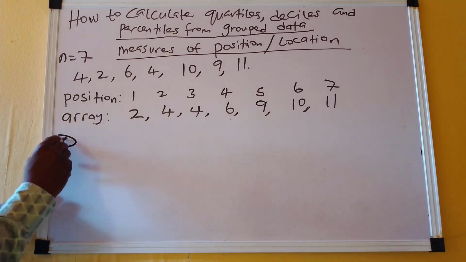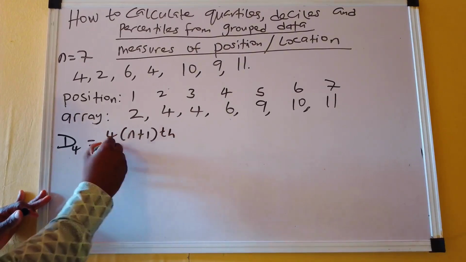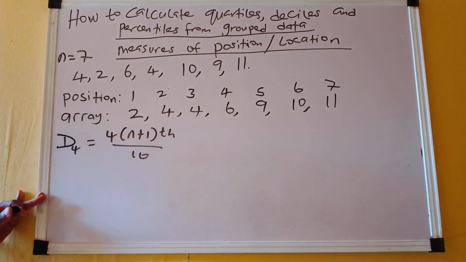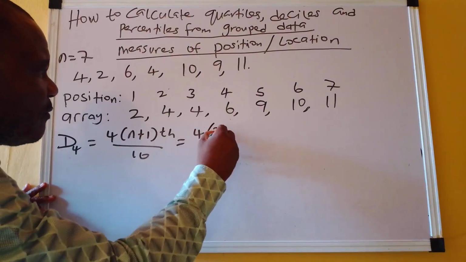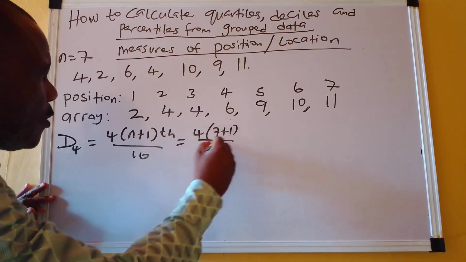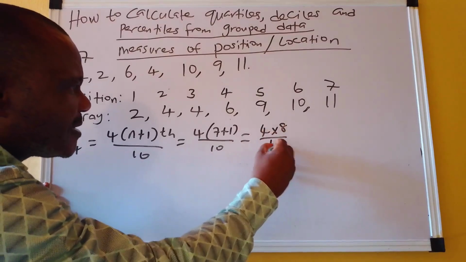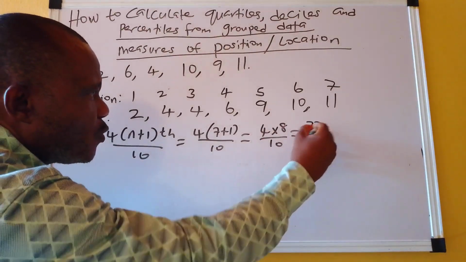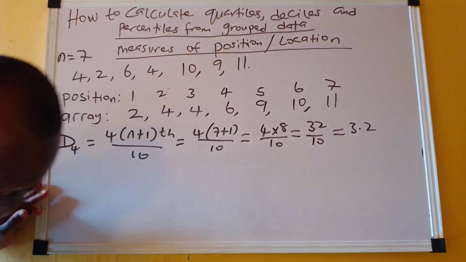Now the D4 is equal to 4 into n plus 1 item all over 10, because you are sharing into 10 equal parts. This will now be 4 into 7 plus 1 all over 10. This is now 4 times 8 all over 10, is equal to 32 over 10, is equal to 3.2. You see that?